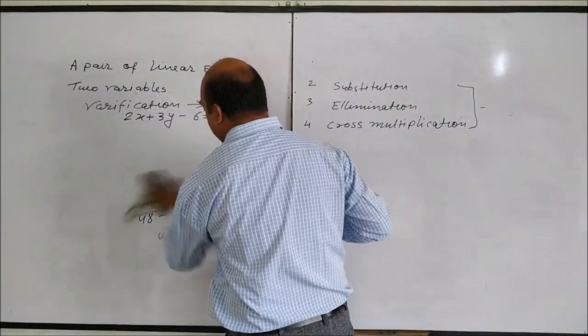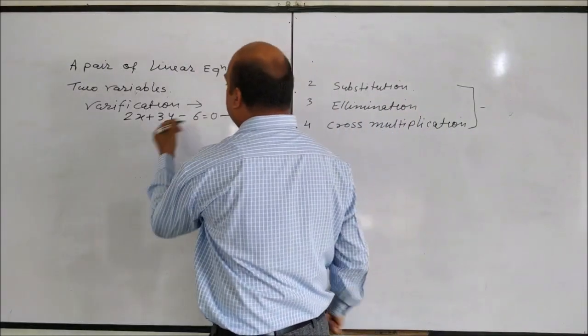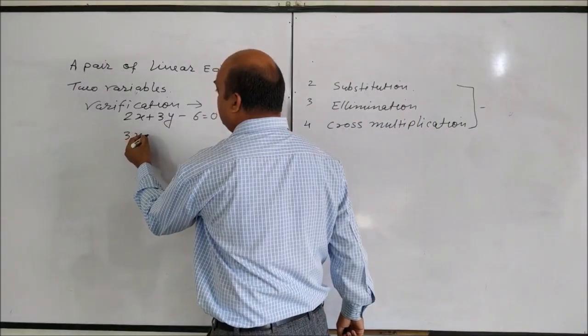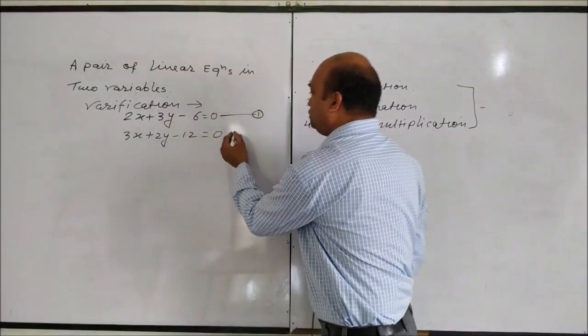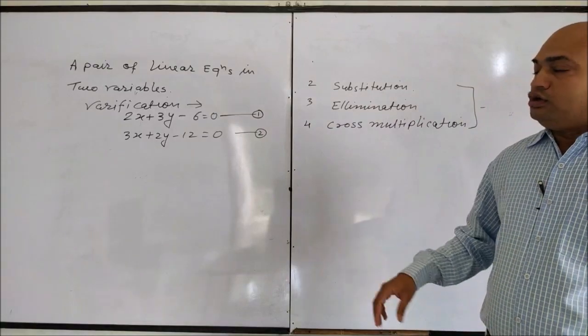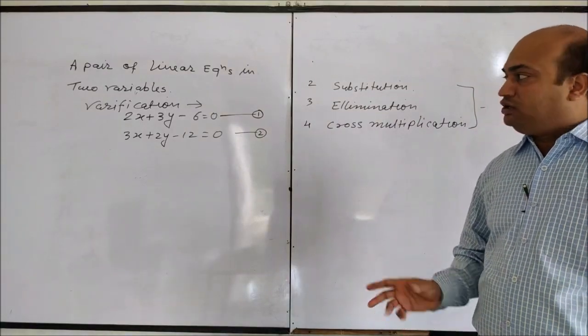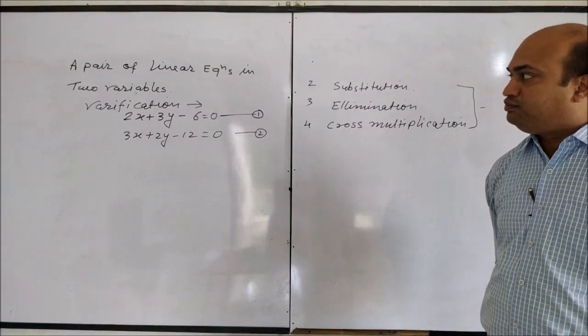Our equations were 2x plus 3y minus 6 equal to 0 and 3x plus 2y minus 12 equal to 0. In the substitution method, out of the two, we have taken any one equation.